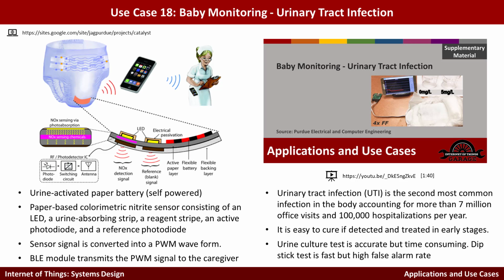Typically the more traditional urine culture test is accurate, but it is time consuming. The dipstick test is fast but has a high false alarm rate. So this particular solution sits in between and tries to detect any infection at the earliest stage possible with low-cost sensors.